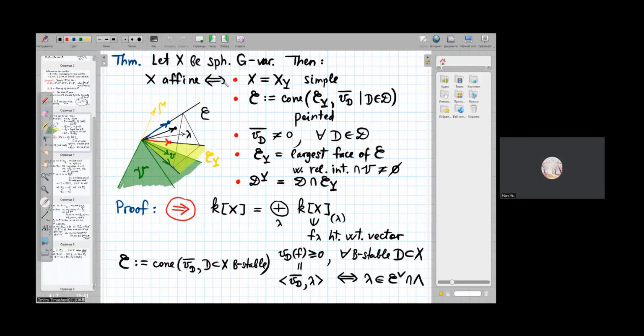I think I have no choice because it's already 10 minutes after the end of the lecture. Maybe I just make a screenshot of the formulation of the theorem, and we'll prove the reverse implication, I hope, in 10 minutes or so, because it is shorter than this direction.